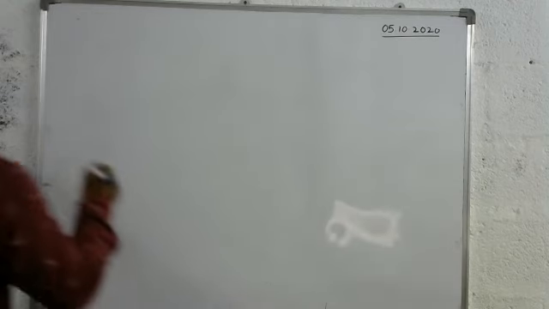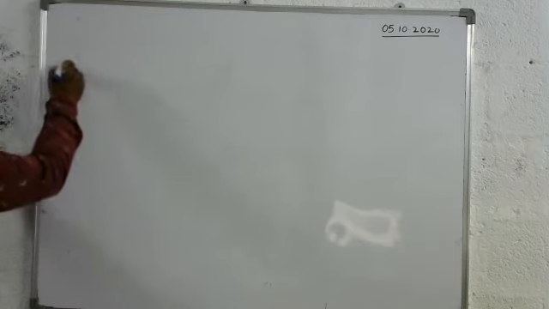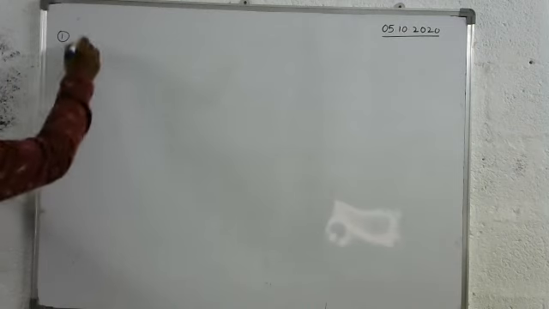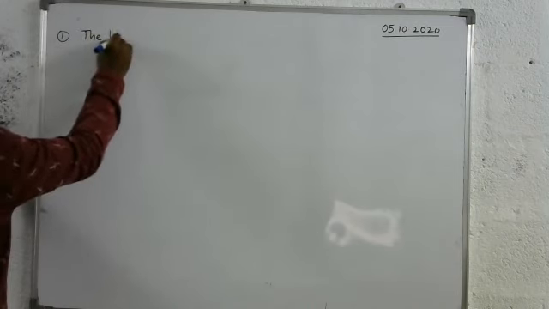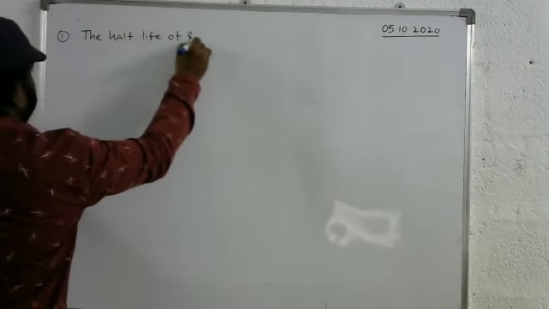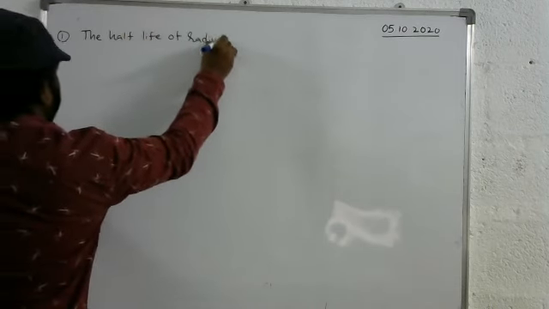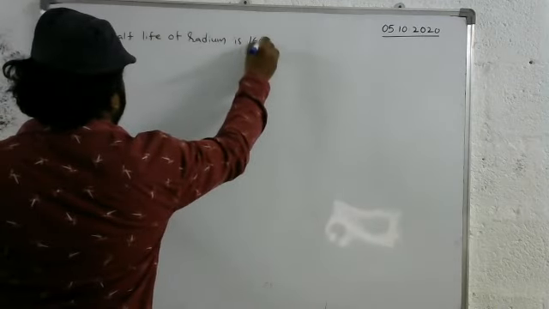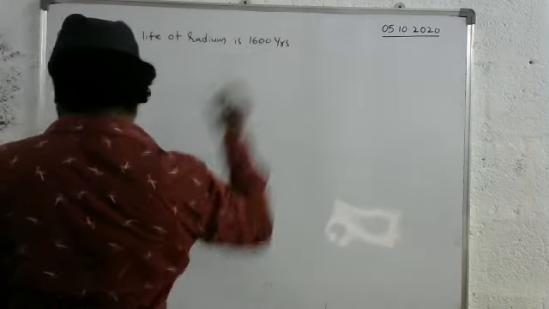Here we have the problems. Problem number one: the half-life of radium is 1600 years.